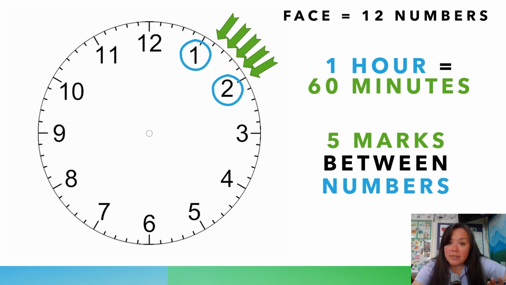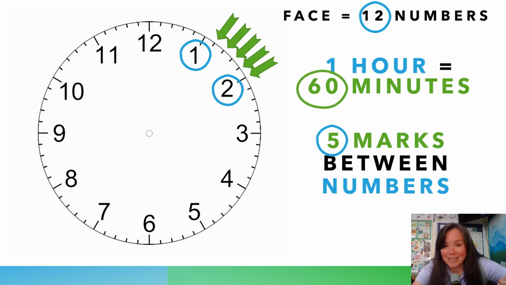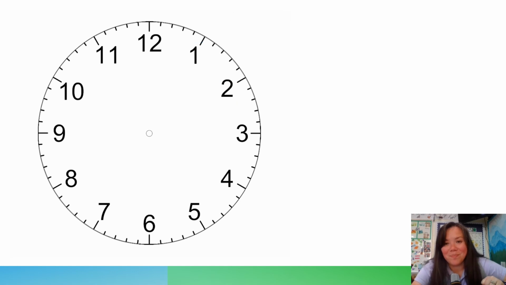Now, I told you there's this connection between the numbers 1 through 12 and there being 5 marks, because if you take number 12 and you take number 5 and you multiply them, you will get, ching ching, 60 minutes on our clock. So the outer ticks represent our minutes, and the inner numbers represent our hours, okay?